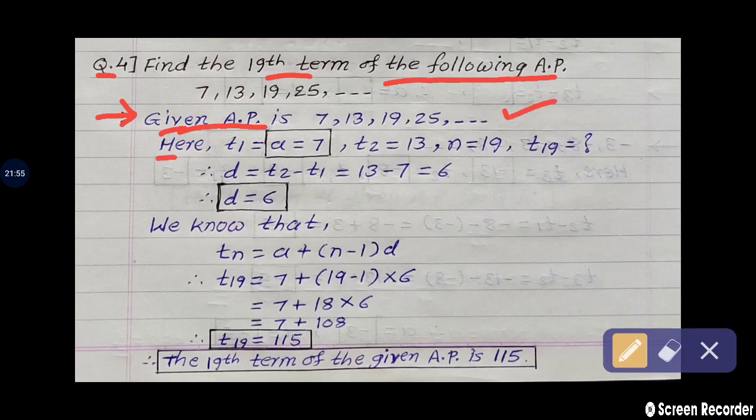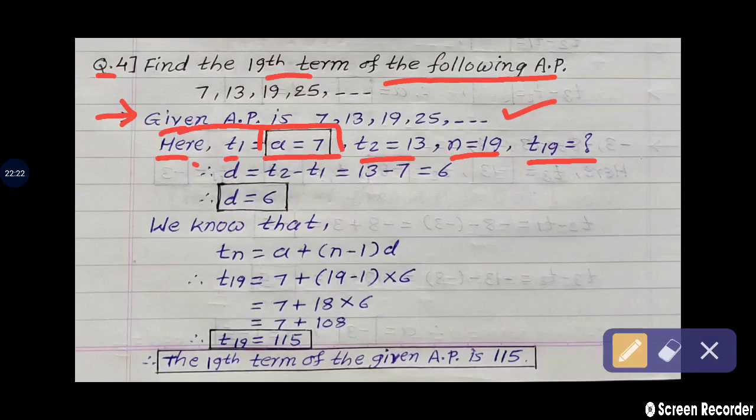So here we can find any term. The first term, T1, is equal to A, which is 7. Highlight it properly. T2 is 13. Then the 19th term means n is equal to 19, and we find T19 equal to question mark.